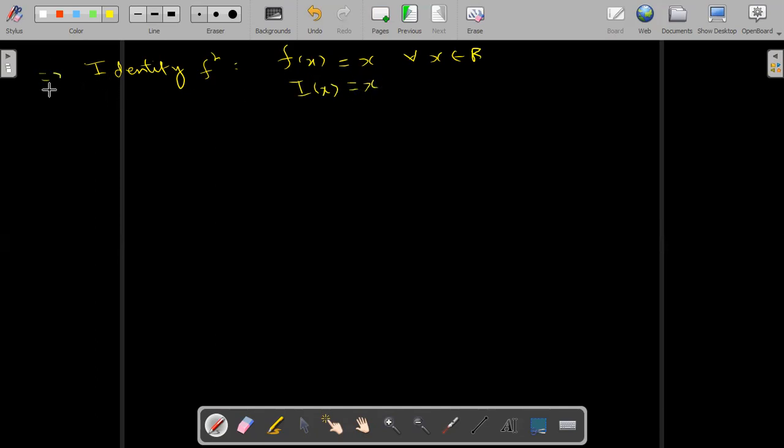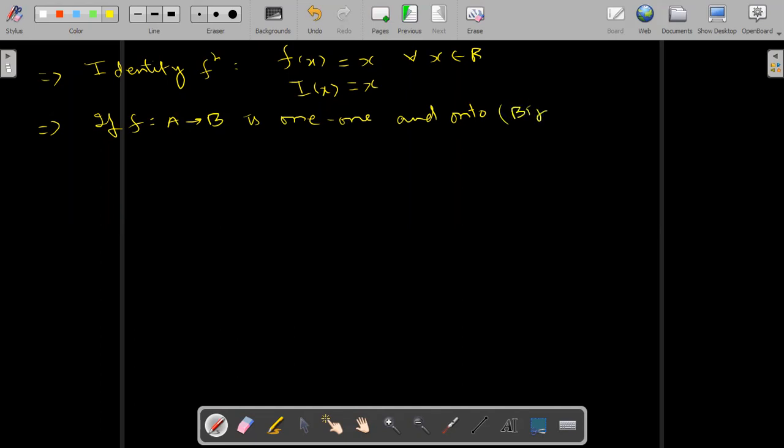Second thing that you have to remember: if f is a function from A to B and it is one-one and onto, one-one and onto means bijective.